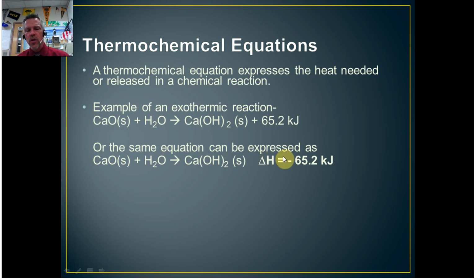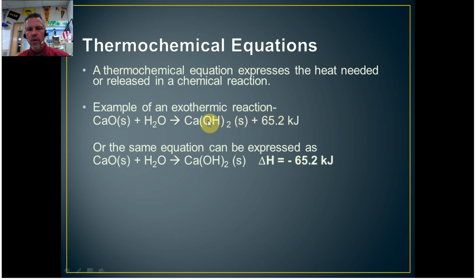But when you show the heat term as not part of your chemical reaction, which is the way we've got it here in the bottom, there's not a plus sign connecting delta H to the rest of the reaction. In that case, you need a negative or a positive sign to tell you whether your reaction is endothermic or exothermic.